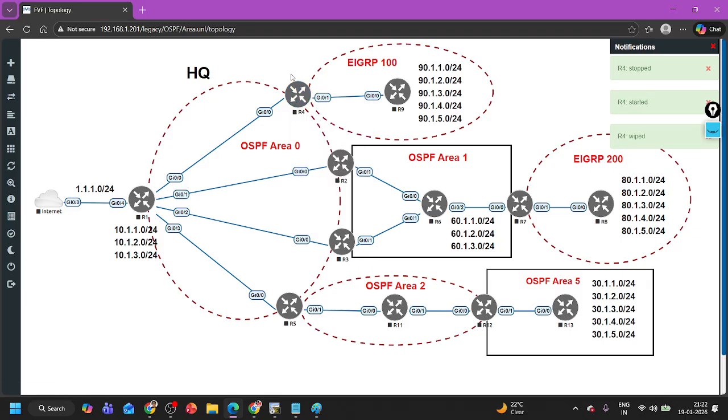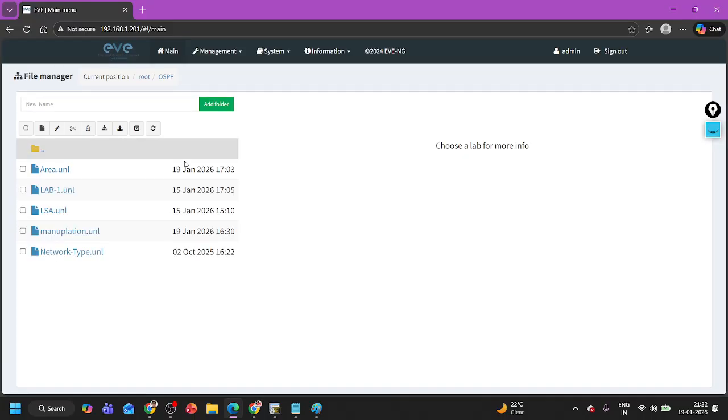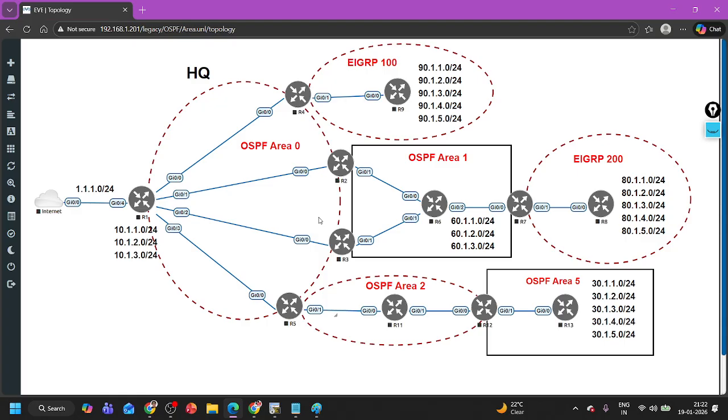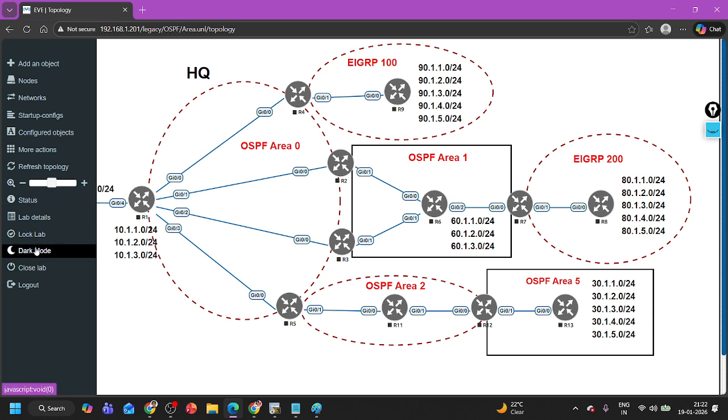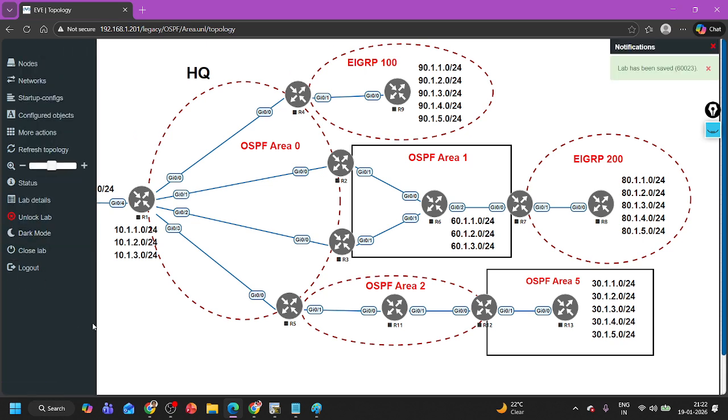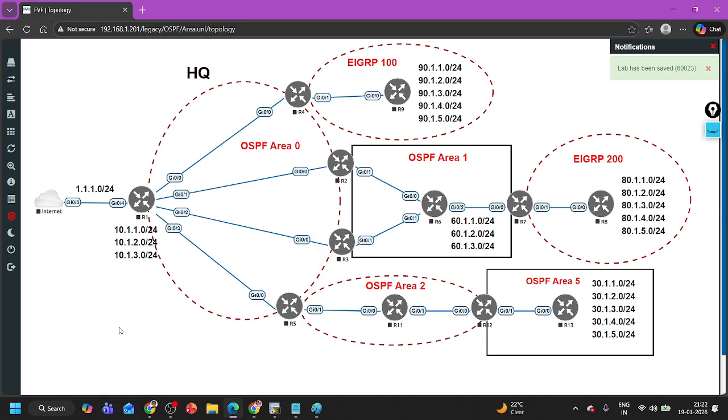I have to wipe the configuration and then configure it. No problem. I will configure this lab in my free time before tomorrow's class, and then in class tomorrow we will discover all these things, the area concept. Today I am moving further on the theory part. Don't worry, here we'll see all types of area.